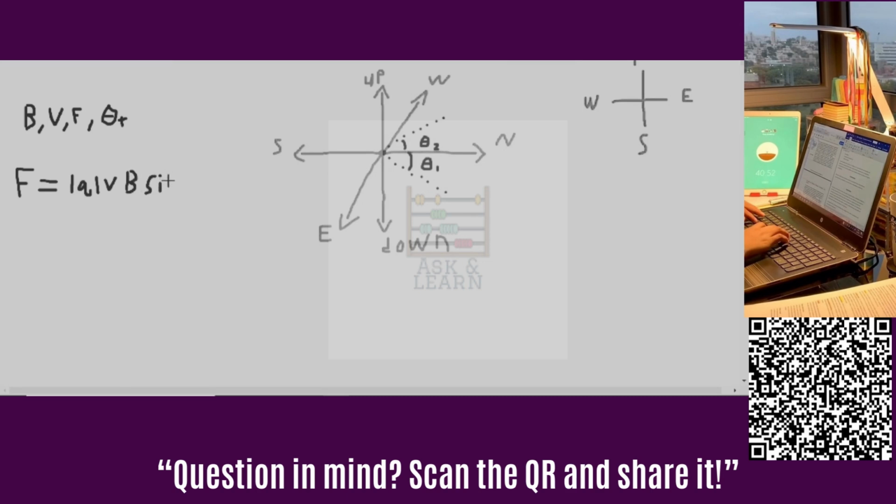It's the total angle, which in this case is the angle between the magnetic field and the velocity, the direction of the velocity, which is just angle 1 plus angle 2. So theta t is equal to the sum of theta 1 and theta 2.